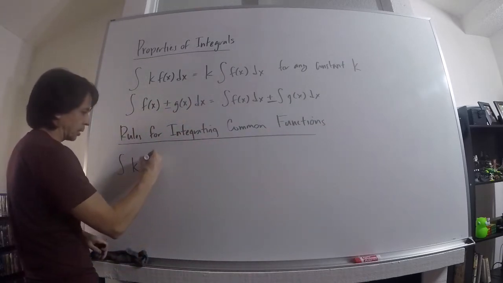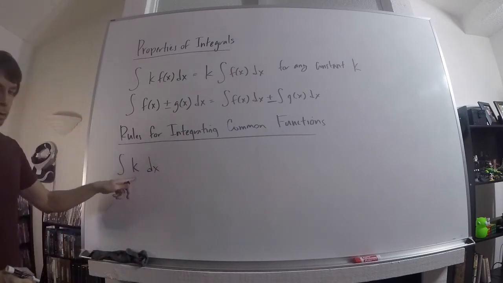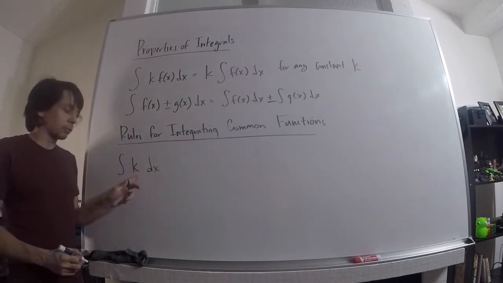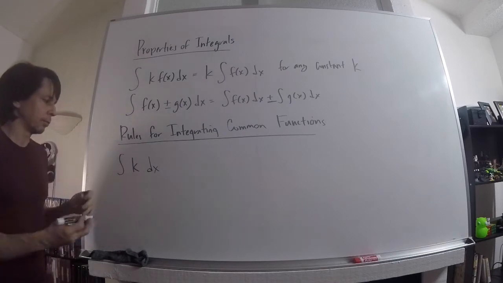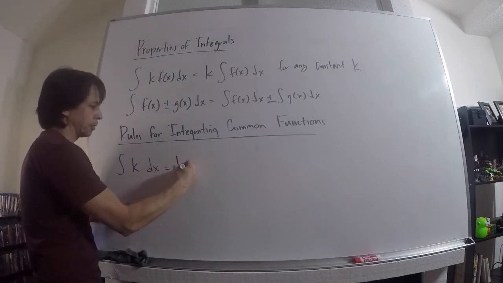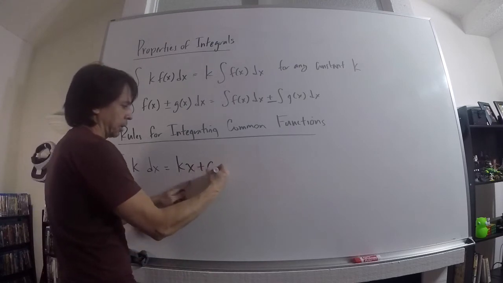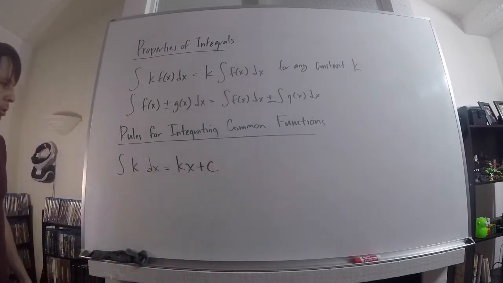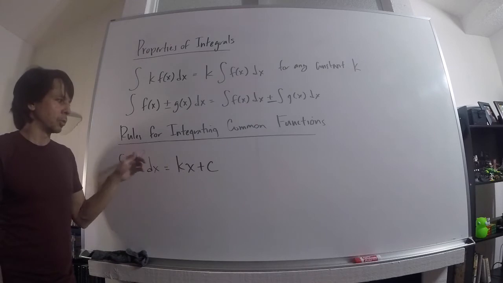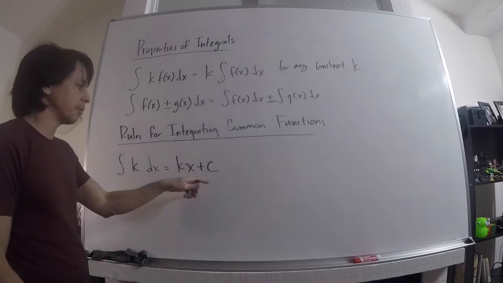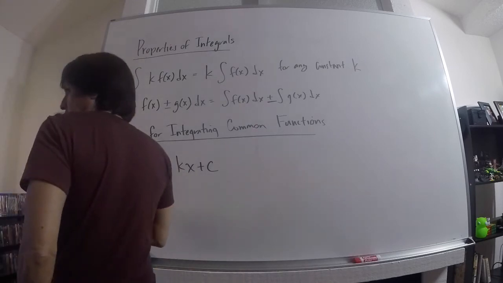If you're integrating a constant function, like the integral of just 2, or your integrand is just 5, your antiderivative is that constant times x, it becomes the coefficient of x, plus the arbitrary constant of integration. We're going to throw that into all of these rules. That'll be part of every antiderivative I write down.